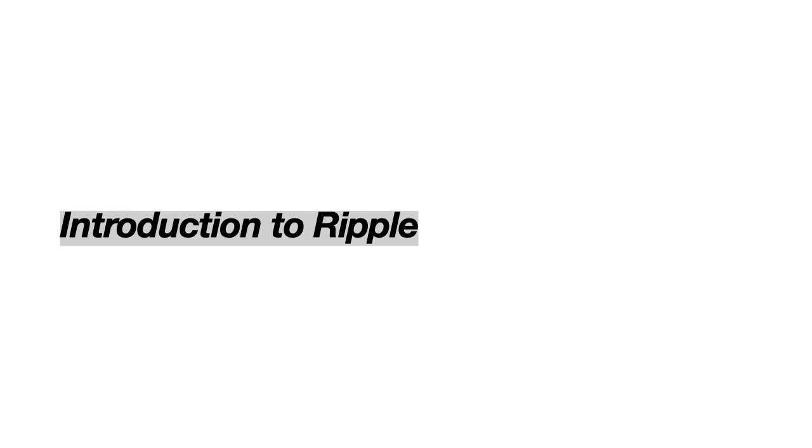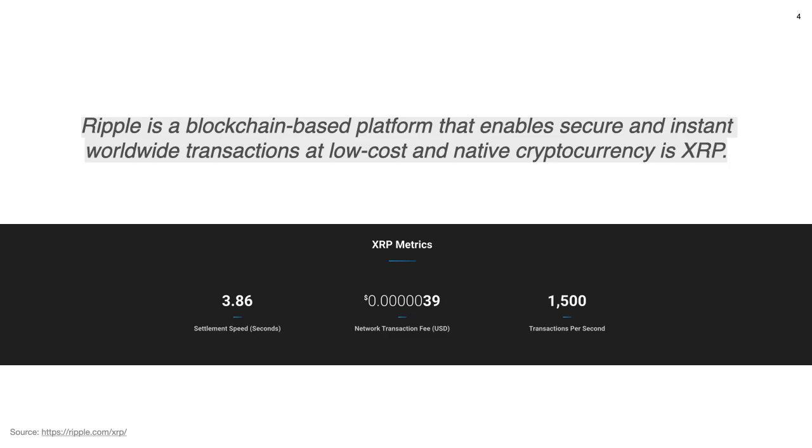So let's start by giving a short introduction of Ripple basics. Ripple is a blockchain-based platform that enables secure and instant worldwide transactions at low cost, and it has the native cryptocurrency XRP. Unlike Nakamoto's consensus protocol in Bitcoin or Ethereum, the Ripple consensus protocol does not rely on mining.